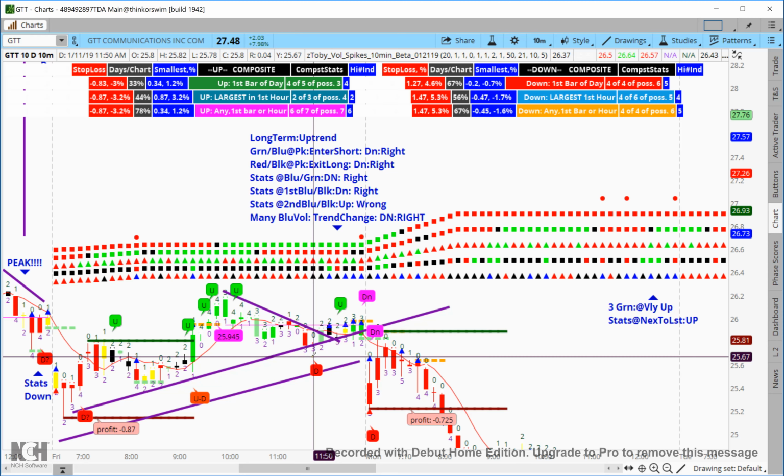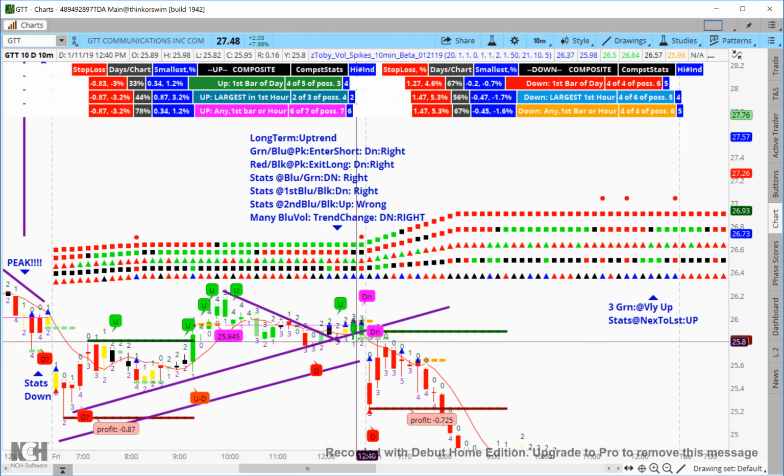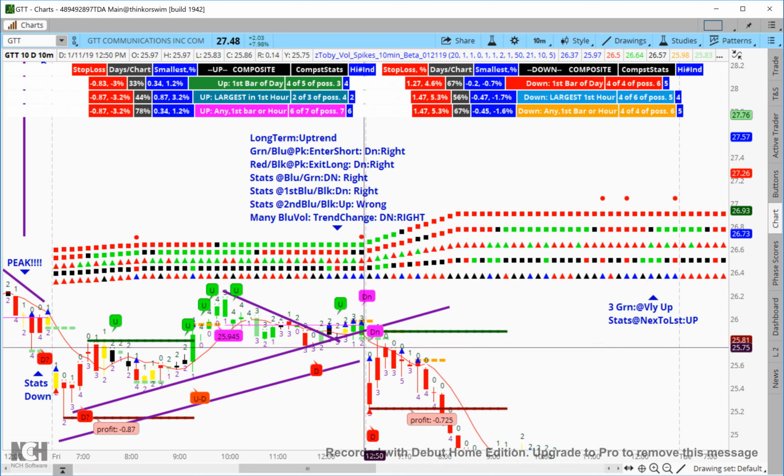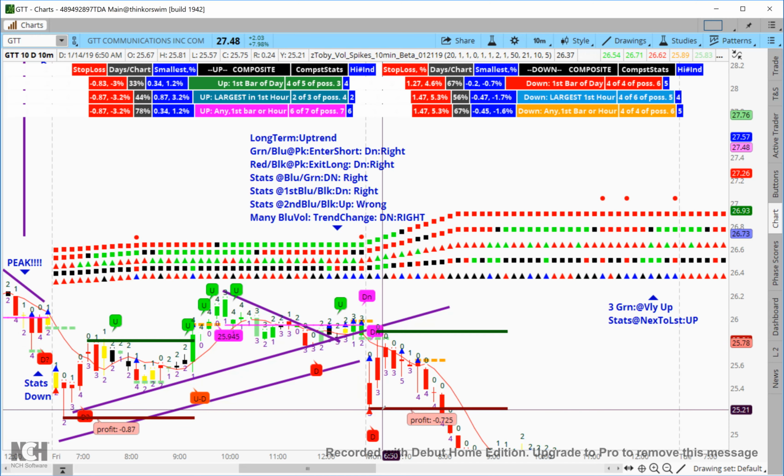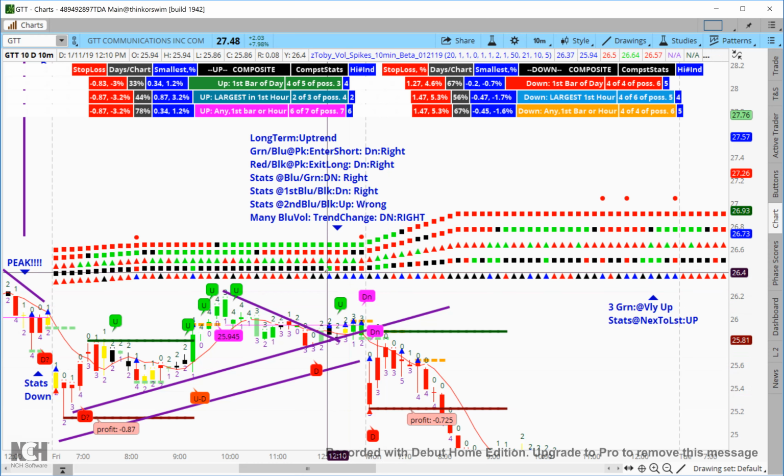So 3 say down, 2 say neutral, and 1 says up. So the downs have it, and the price went down. That's how you combine volume trading with statistics trading.